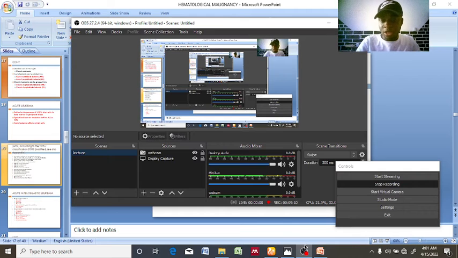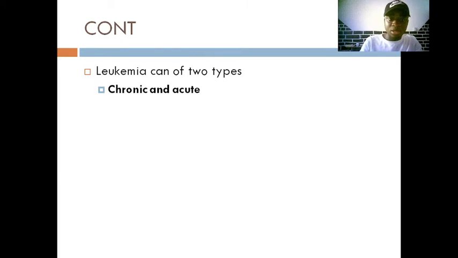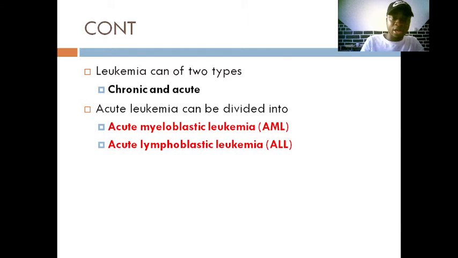So, of course, you know that in leukemia you can have two types: the chronic and acute. And the acute can be divided into acute myeloid and then acute lymphoid. It becomes very important to understand the concept. So please, if you start watching this video, just go back and watch my first video on how hematopoiesis occurs, and you understand the genesis of leukemia.